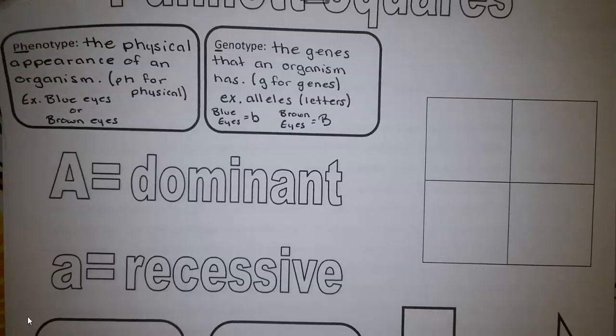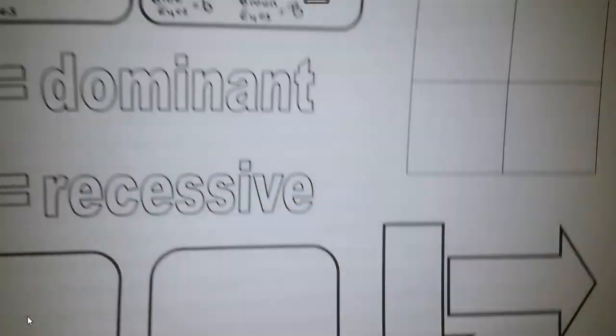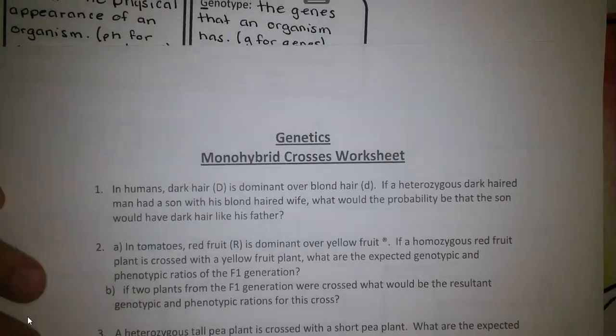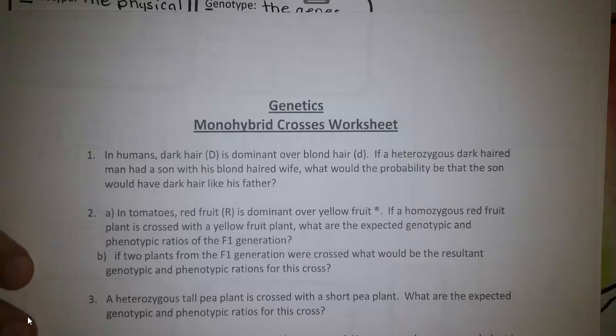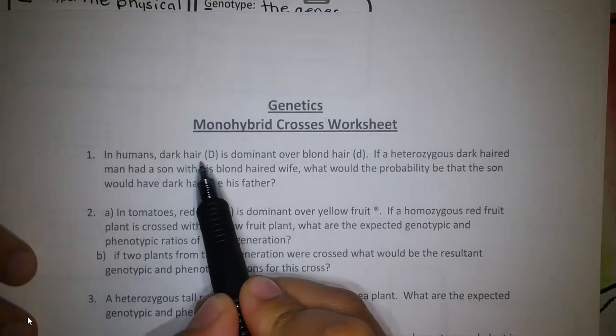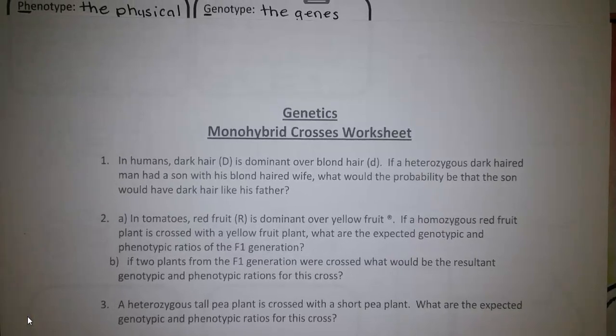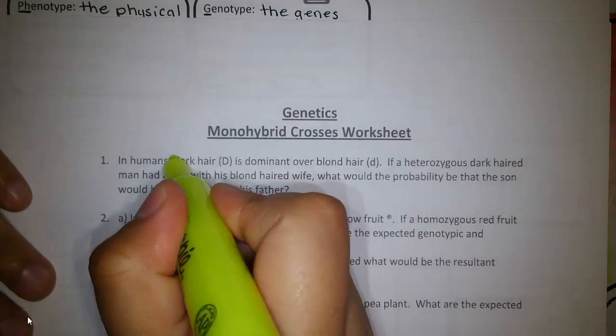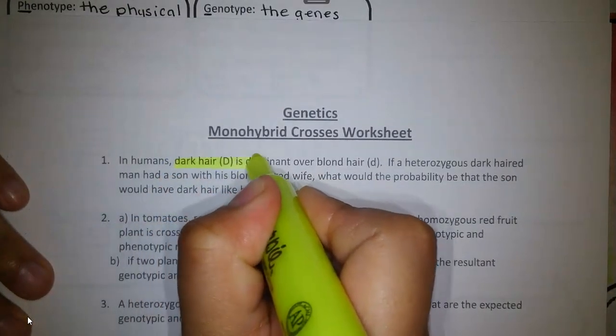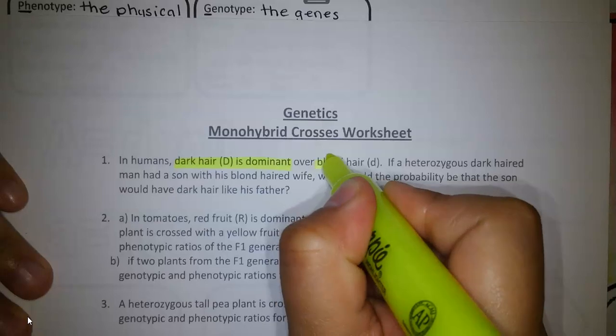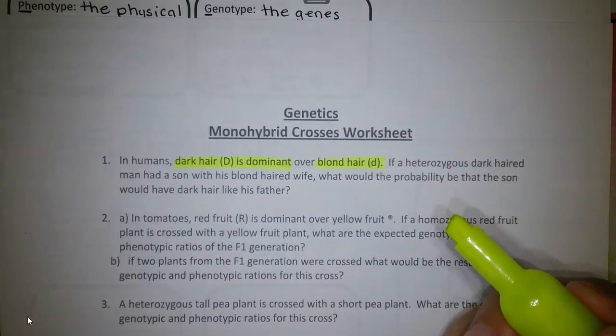So I printed out, where are they? Okay, some monohybrid cross examples. So in humans, dark hair, capital D, is dominant over blonde hair, lowercase d.